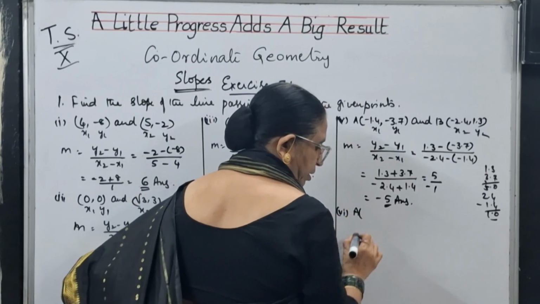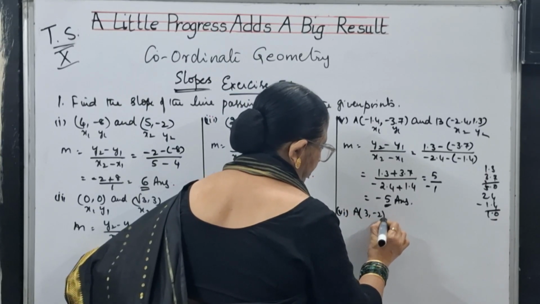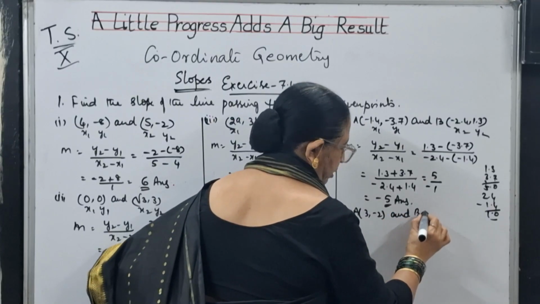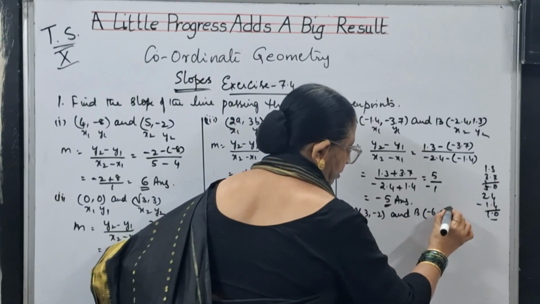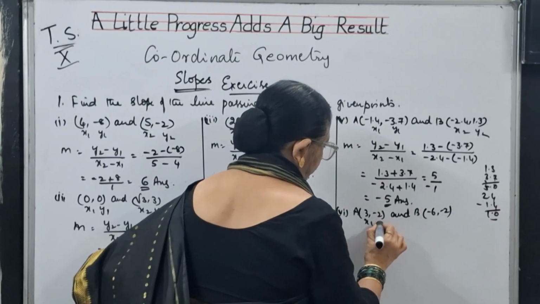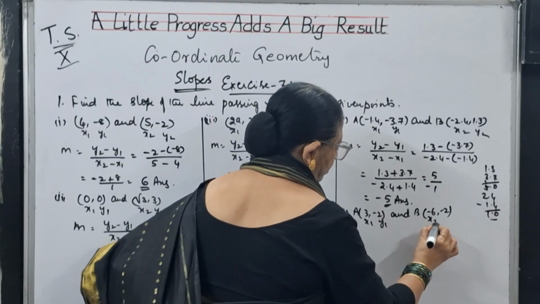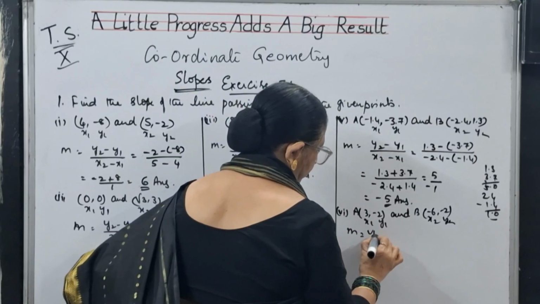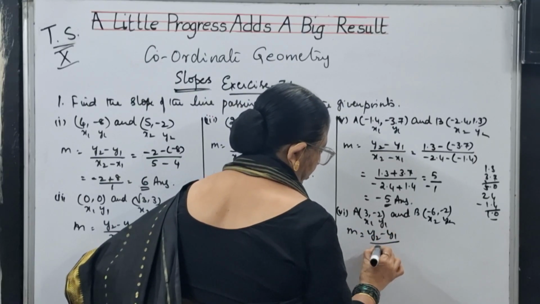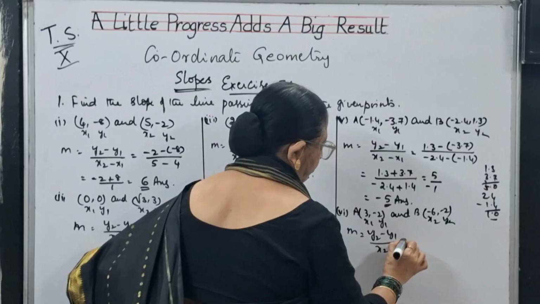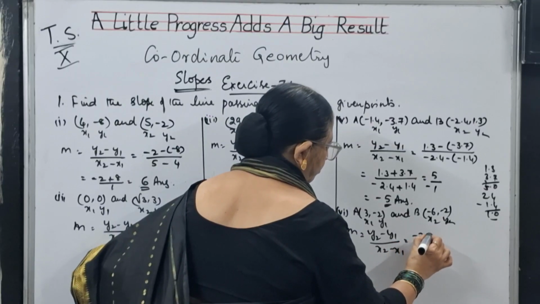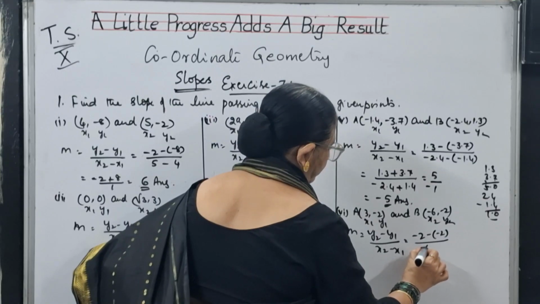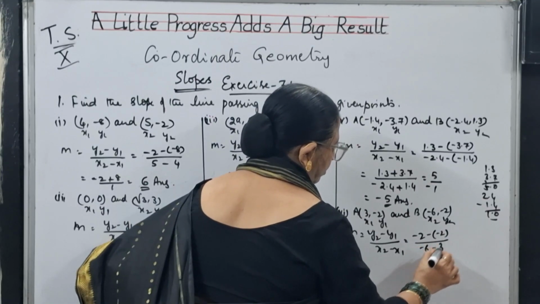Now, sixth bit, A 3 comma minus 2 and B minus 6 comma minus 2. x1, y1, x2, y2. So slope is equal to y2 minus y1 by x2 minus x1. y2 is minus 2 minus minus 2, by x2 minus 6 minus 3.